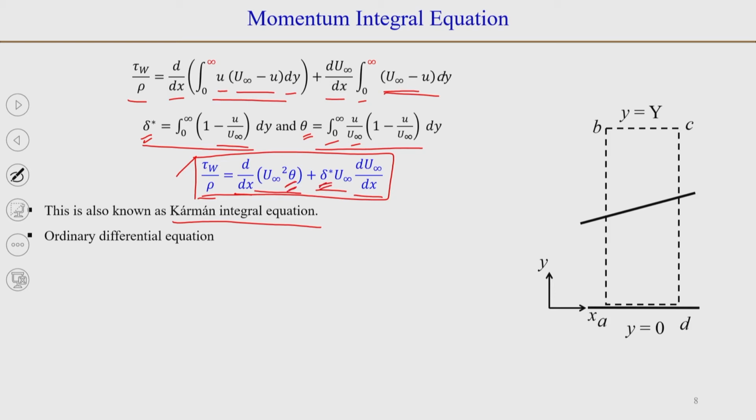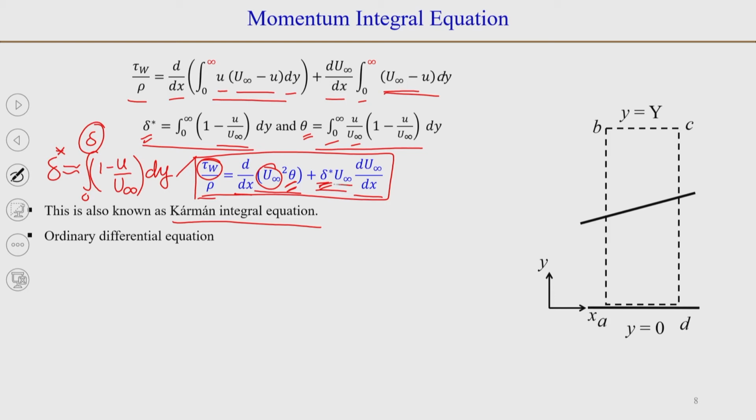We have written this in terms of 0 to infinity, but if you remember, we said that this can be approximated: delta star is the integral from 0 to delta of 1 minus u by u infinity dy, and similarly for theta the limit will be 0 to delta, because beyond delta to infinity u is equal to u infinity, and this term becomes close to 0.